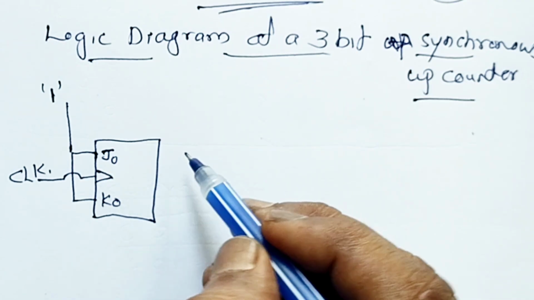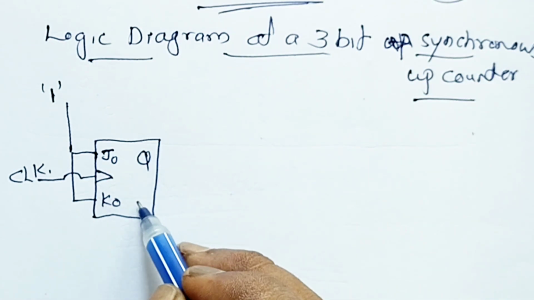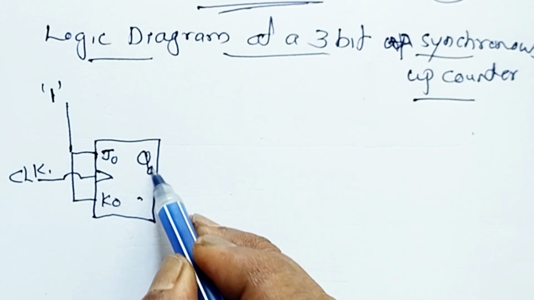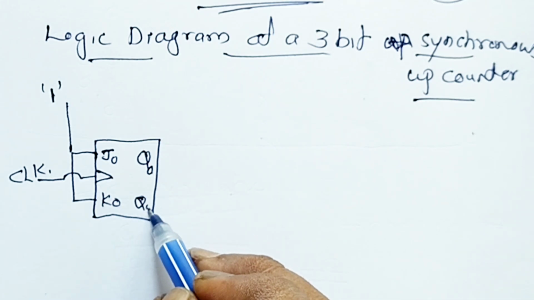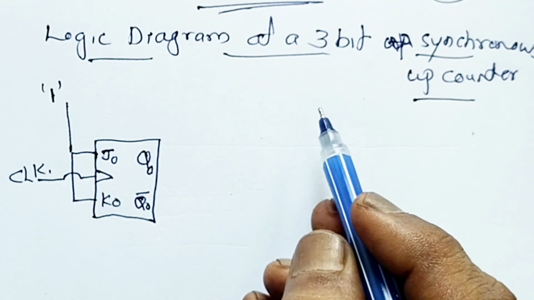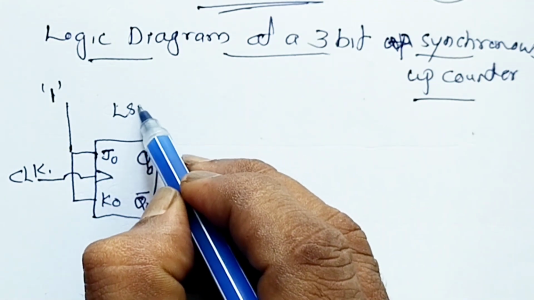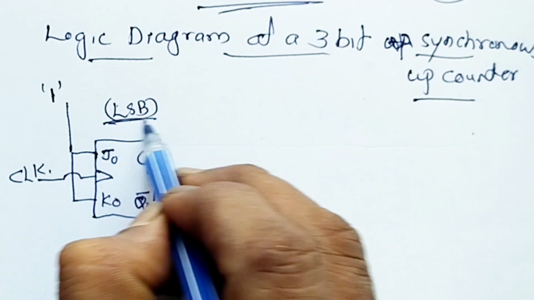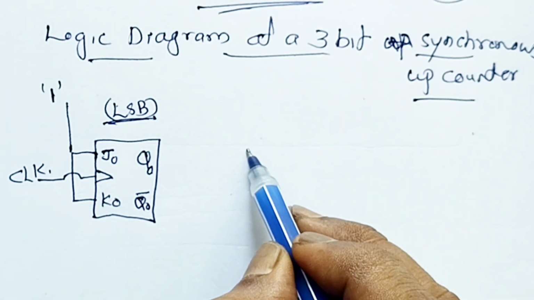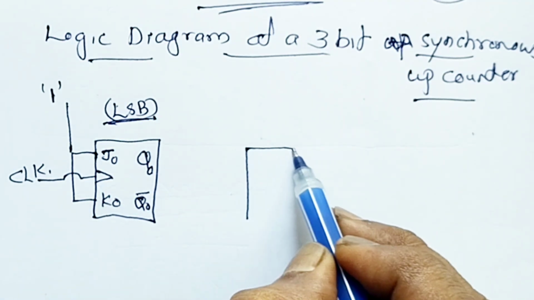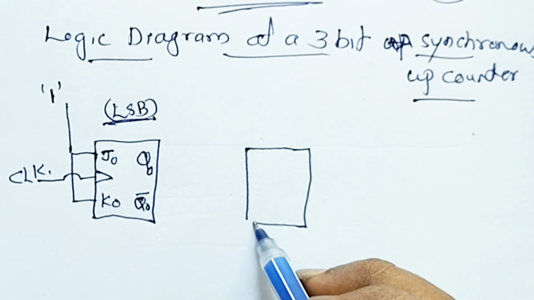And listen, these are synchronous counters, and synchronous counter means all the flip-flops will be triggered simultaneously. As already mentioned, if it is positive edge triggered, then the data will change during the positive edge, and if it is negative edge triggered, the data will change during the negative edge.